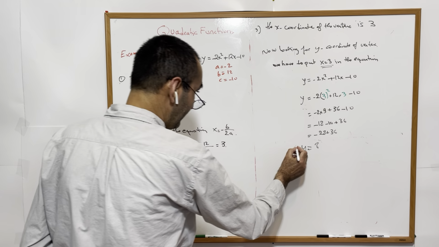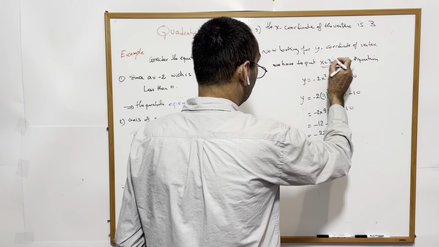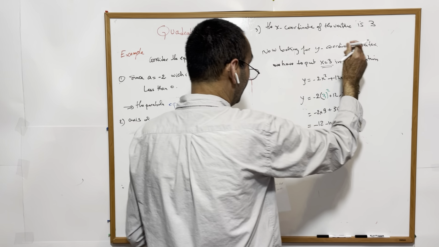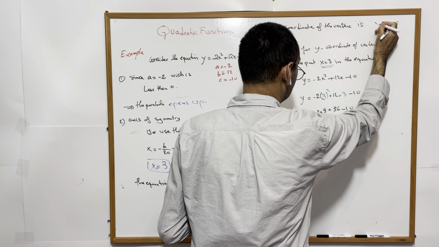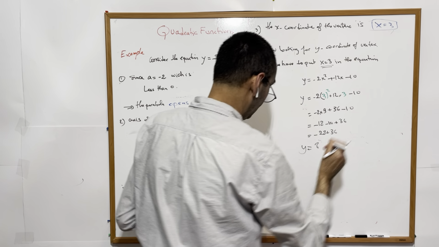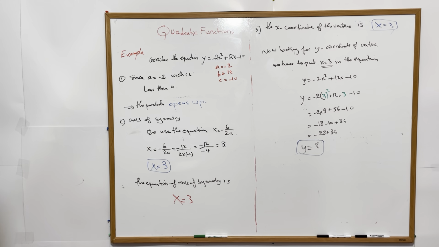Now you have the x coordinate here, x equals 3, and this is the y coordinate. We have the pair 3 and 8. This is the pair of points of the vertex.